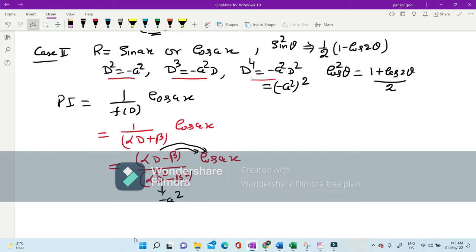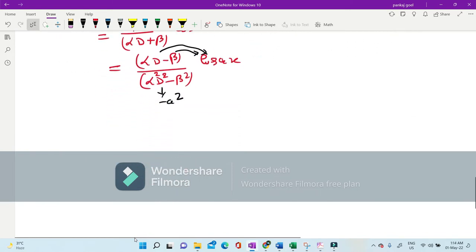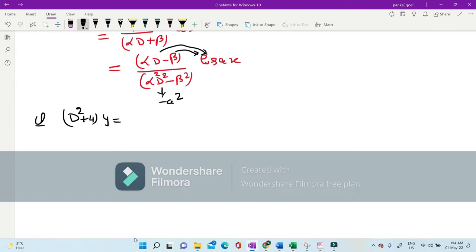We take an example. You can understand better by the example. Let us suppose I say d square plus 4 y equal to cos 3x. First I write the CF. For CF we will write the auxiliary equation, that is m square plus 4 equal to 0.